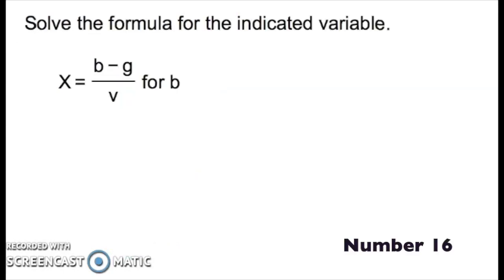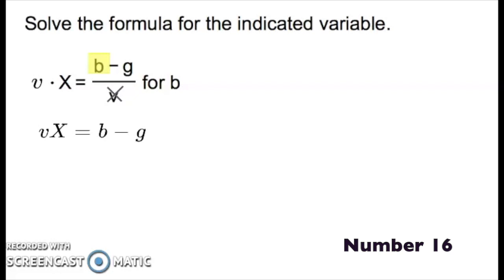X equals b minus g over v, and we're solving for b. So let's highlight the b, so we know everything else has to move away from it. Seeing how this is in a fraction, we should get rid of that fraction first. So to do that, we cross out the v and bring it to the other side and multiply it to x.